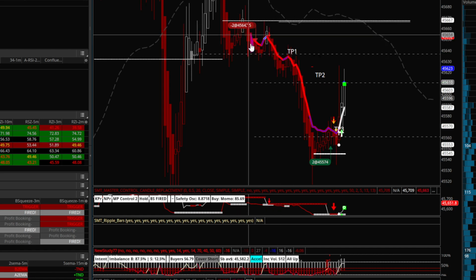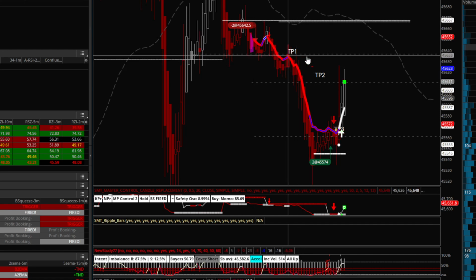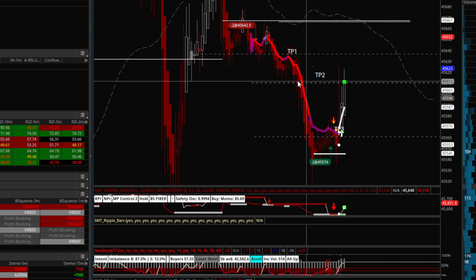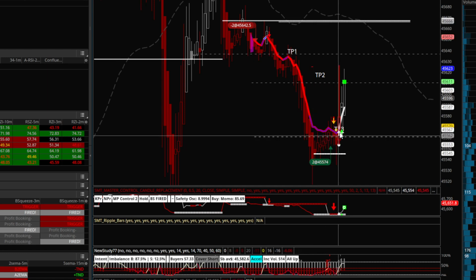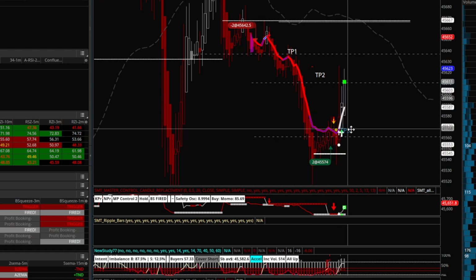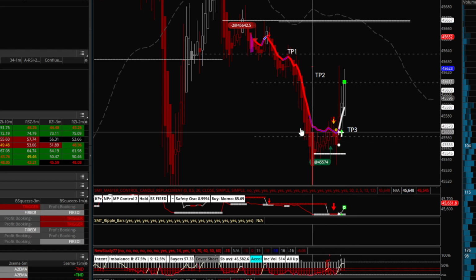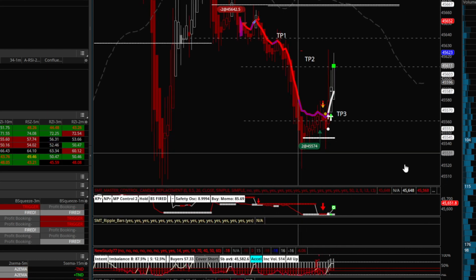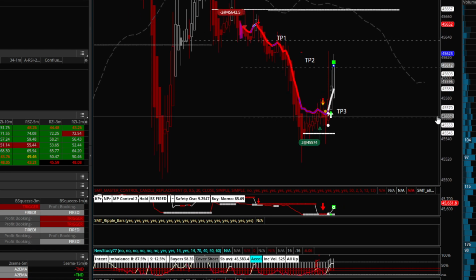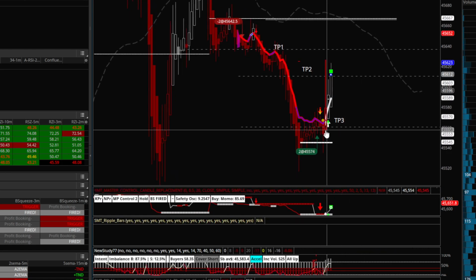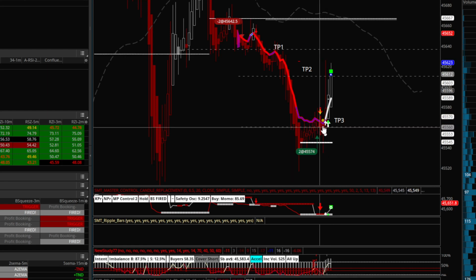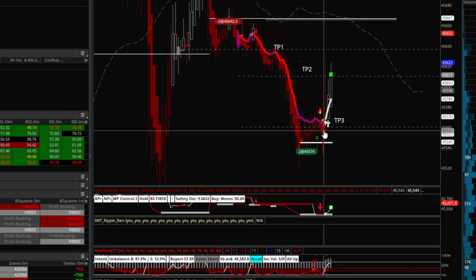My TP1 I set at the first level, TP2 at the second level, and TP3 is right here, the third level. You can see we came down, tagged it, and even went a little bit further. Notice when you got the signal here to take this right back up at TP3, where does it go?